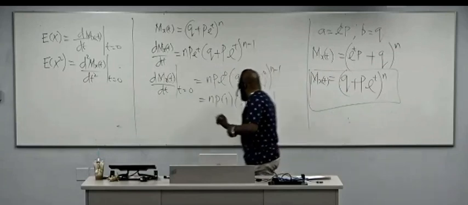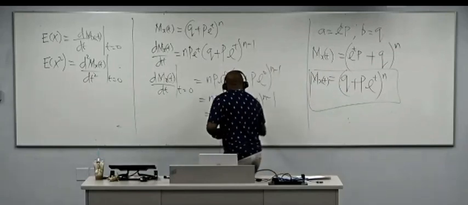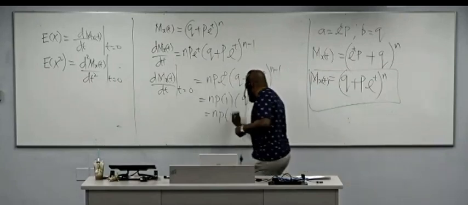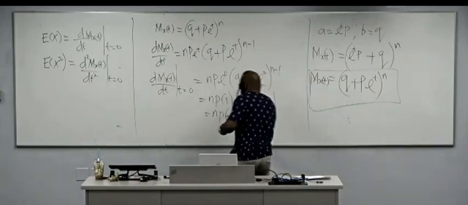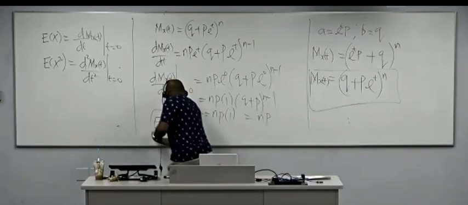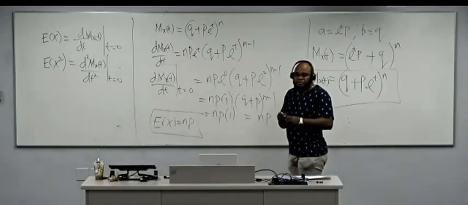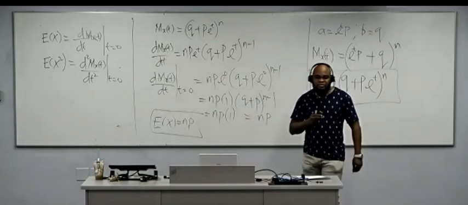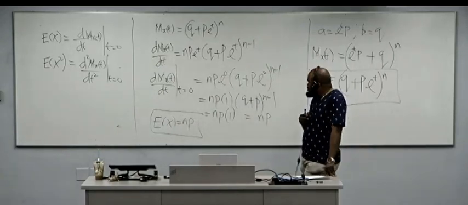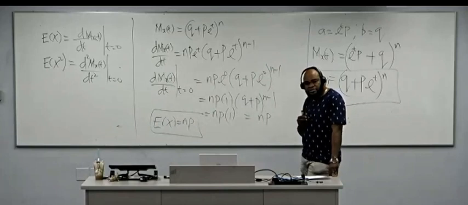Oh my God. np, what is q plus p? It is 1, right? What is that? np. That is the mean of binomial. You see that? Is that not interesting? Look at another method that we use. The method of moment generating function actually works so great.